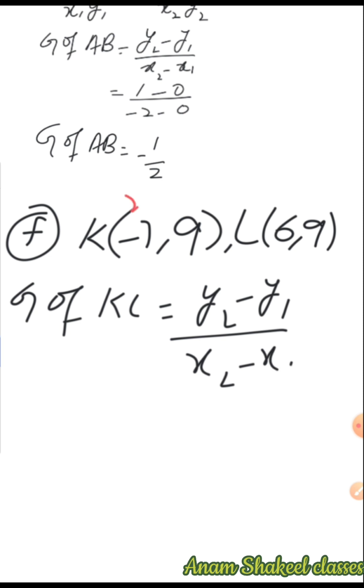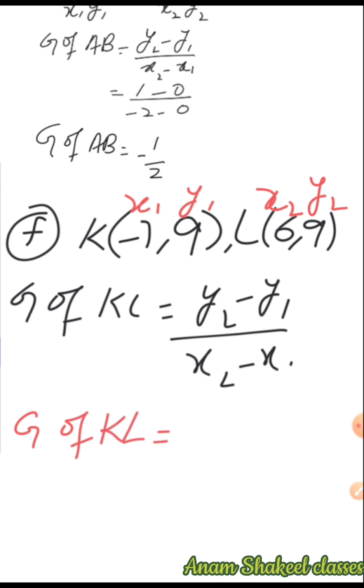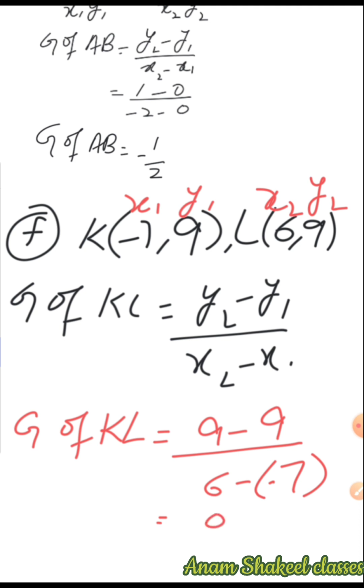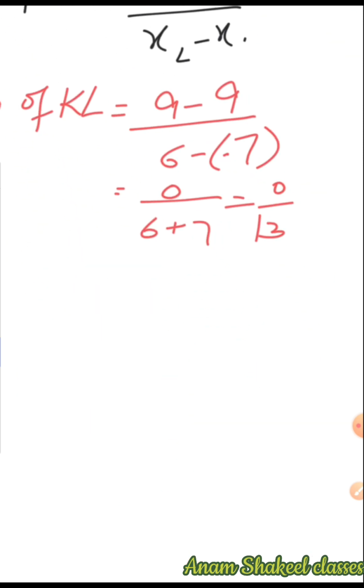I know that this is x1 and y1, and this is x2 and y2. So the gradient of KL is 9 minus 9 over 6 minus (-7). The numerator is 0 and the denominator is 13. If the numerator is 0, the gradient of KL is equal to 0.